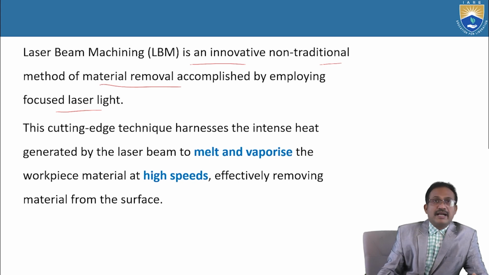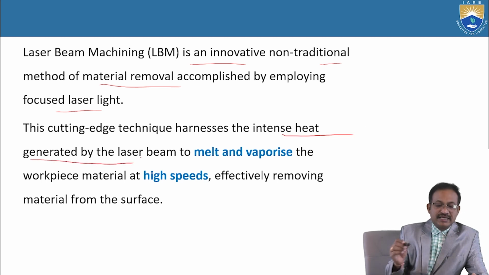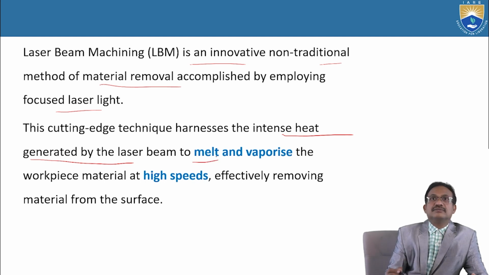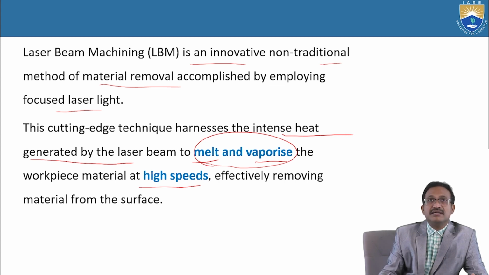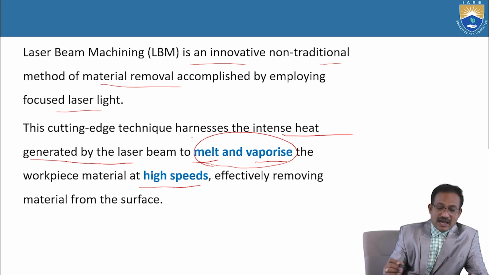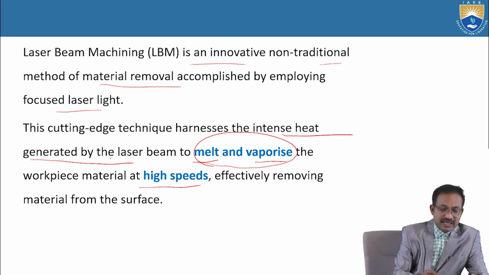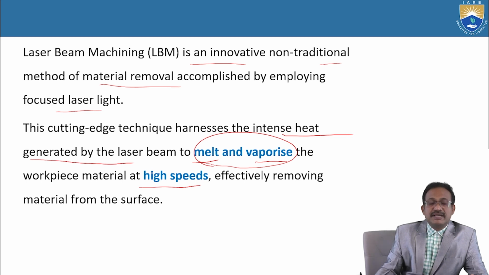This cutting edge technique harnesses the intense heat generated by the laser beam to melt and vaporize the workpiece material at high speeds, effectively removing material from the surface. So the mechanism of material removal by laser beam machining is melting and vaporizing.